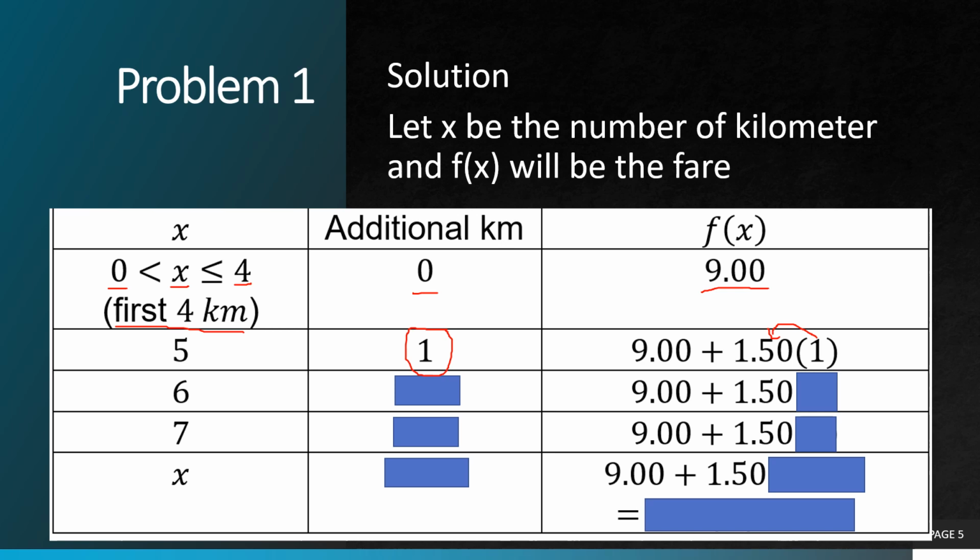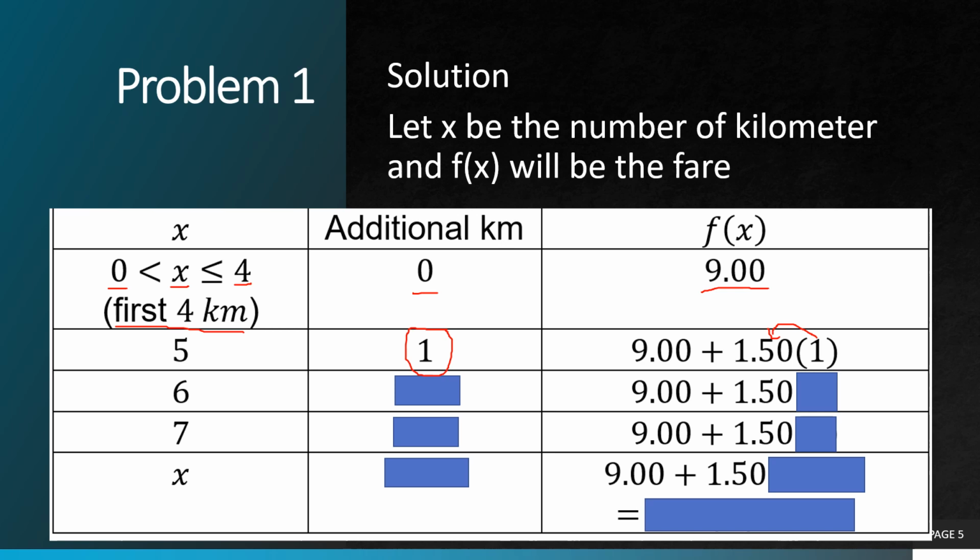So 1 peso and 50 multiplied by 1 will be 1.50 plus 9 pesos, which is the base fare, and that will give you 10 pesos and 50. So if you are going to travel 5 kilometers or less, but not less than 4, you have to pay 10 pesos and 50 centavos.